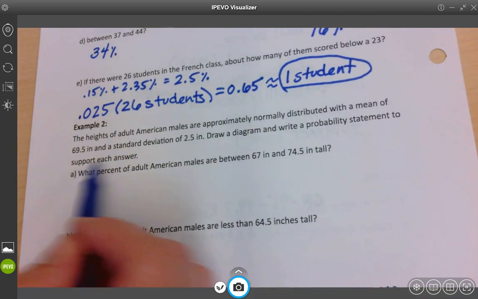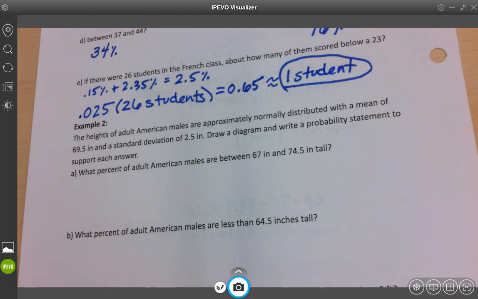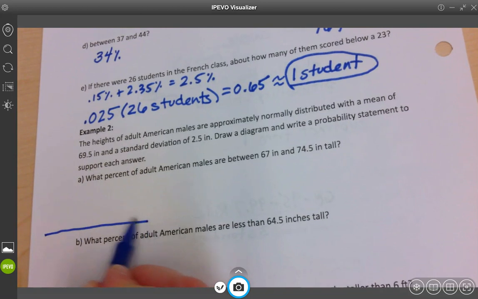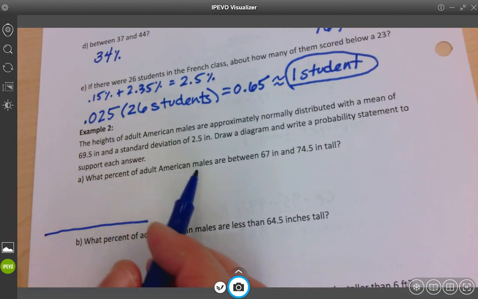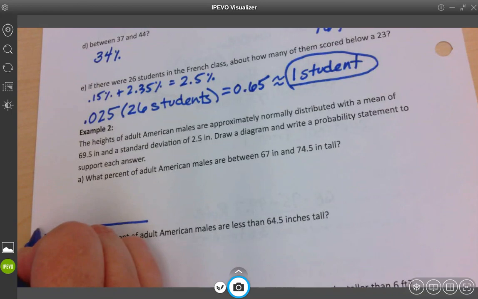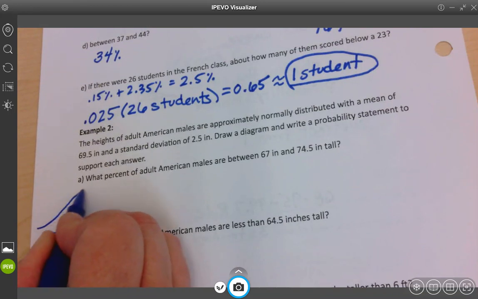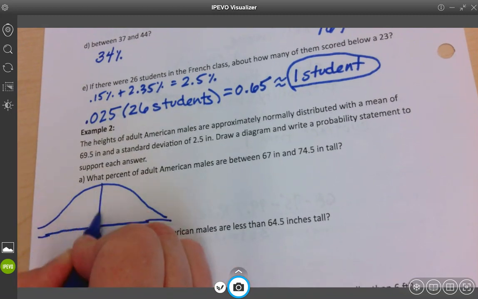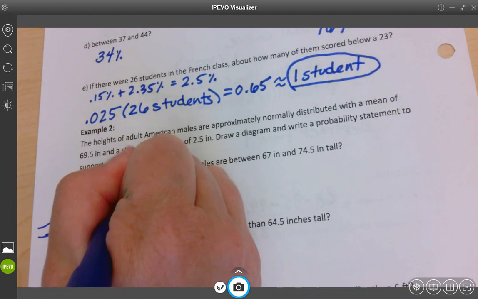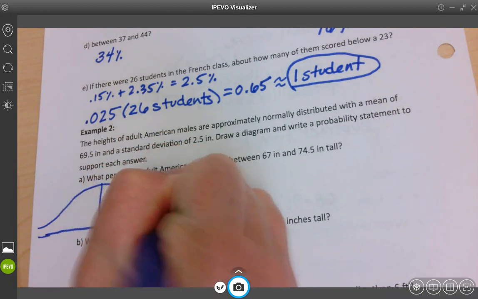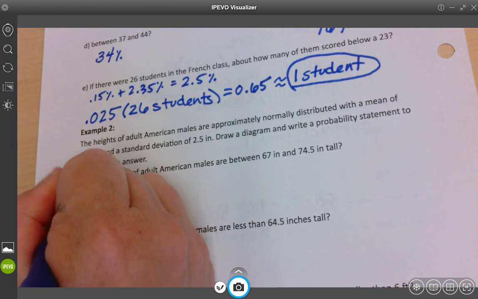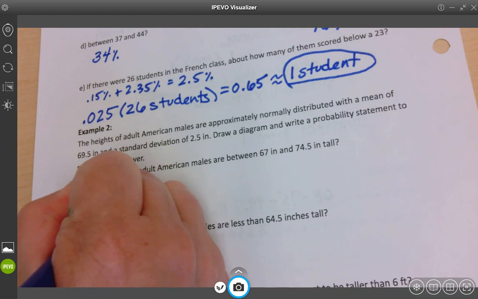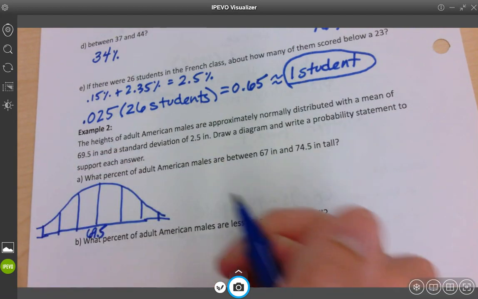So mean of 69.5 and standard deviation of 2.5. Draw a diagram, and then write a probability statement to support your answer. I'll show you what I mean about probability statement. All right, so we got our mean, and then 3 standard deviations on each side. 69.5, and then add 2.5.